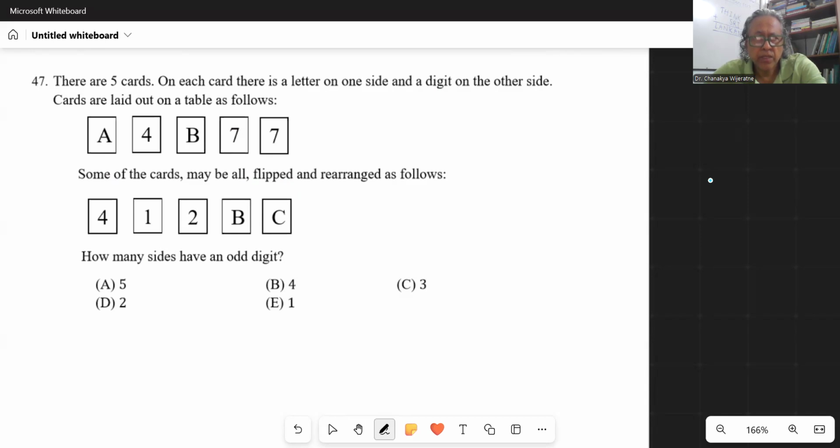So when you look at this second row, you can see that the digits are 4, 1, and 2. And here we can see that we have digits 4, 7, and 7, right?